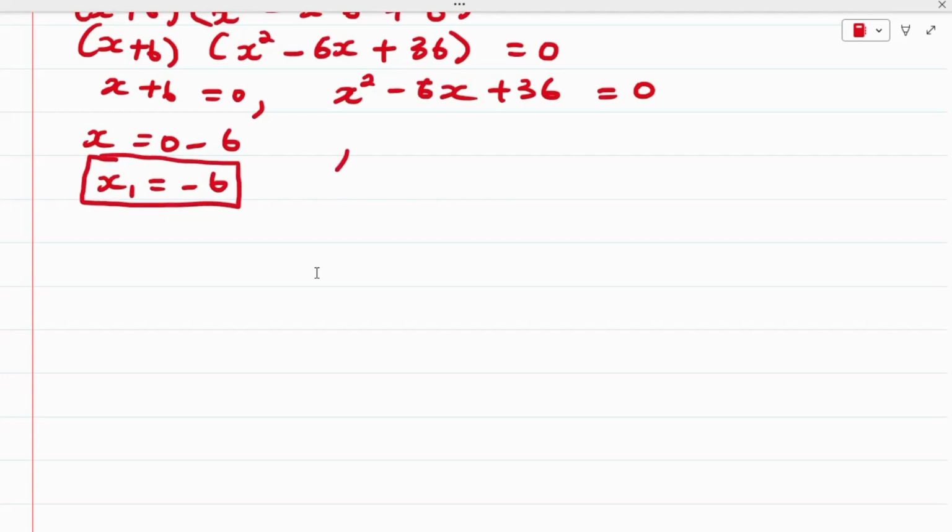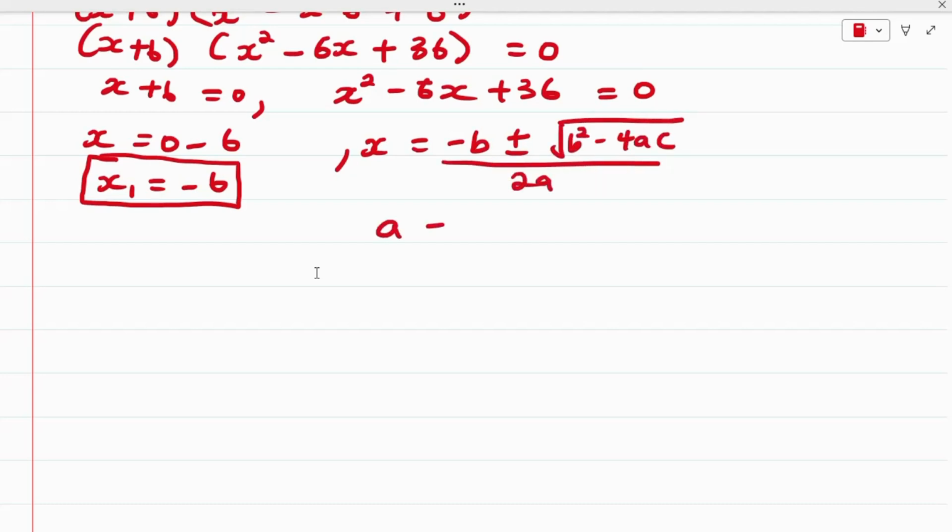So solving for this quadratic equation, we want to apply the quadratic formula that says x = (-b ± √(b² - 4ac)) / 2a, where a = 1, b = -6, and c = 36.